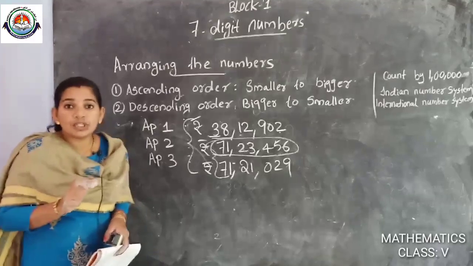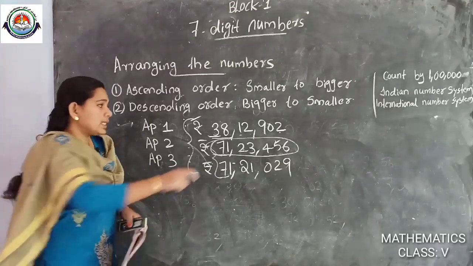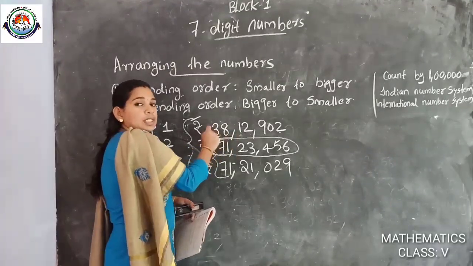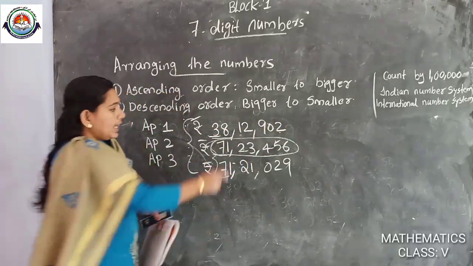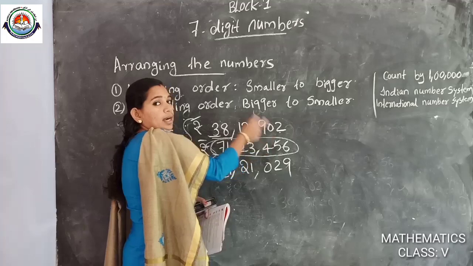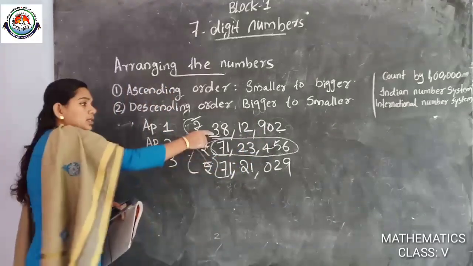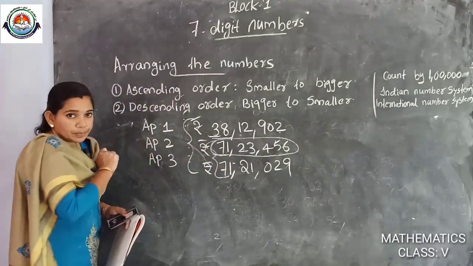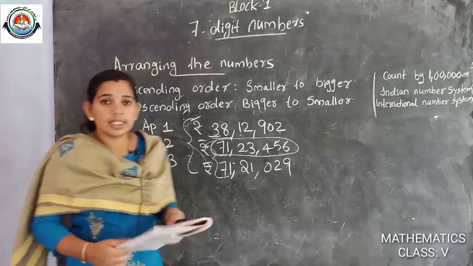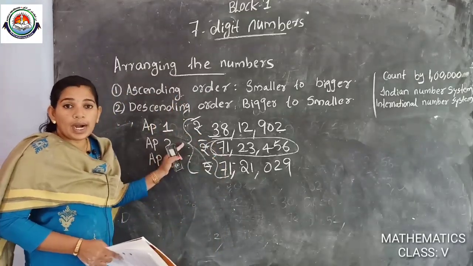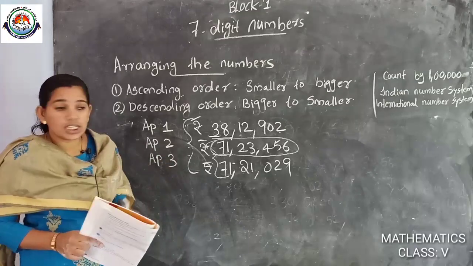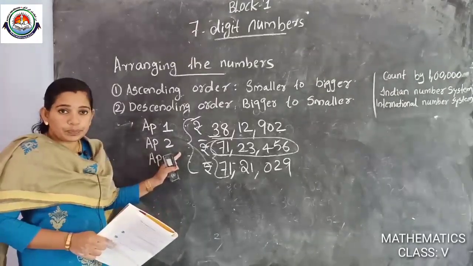Which is smaller, 3 or 7? 3. So this is the smallest number, so this is the cheapest cost: 38 lakh 12,902. This cost is apartment 1. Our question is, which is the cheapest flat? Apartment 1. Costliest flat? Apartment 2.